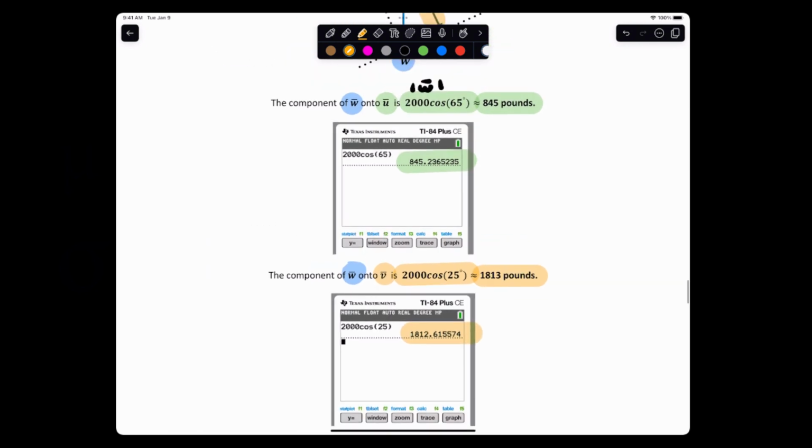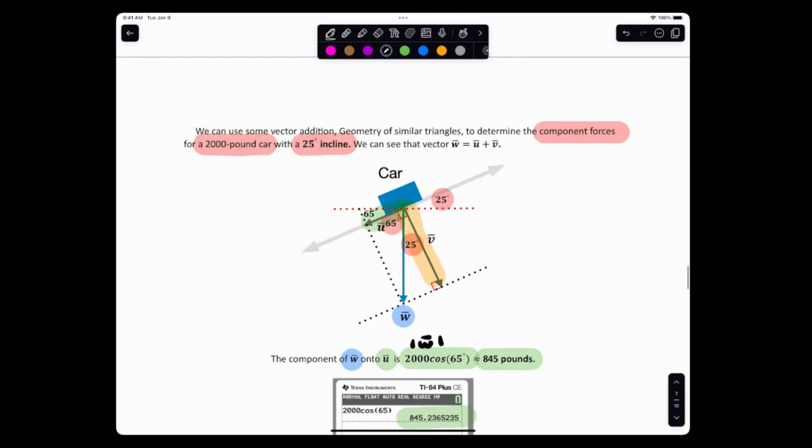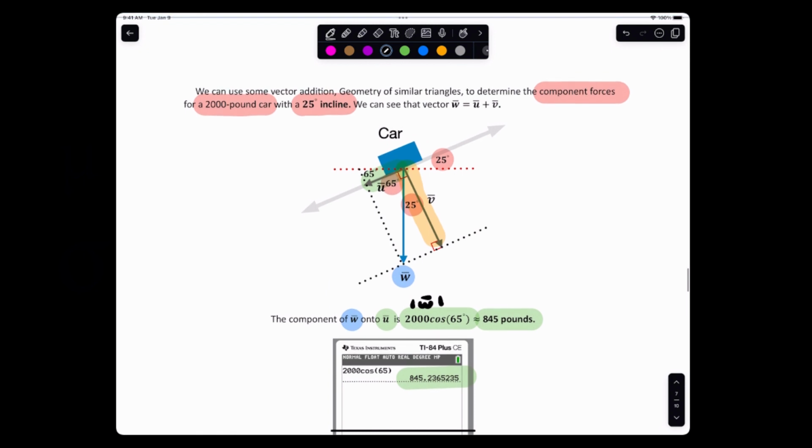So, ladies and gentlemen, here you go. This is why you care about finding the component form of these vectors here. So that's going to be the exercise here with these here.